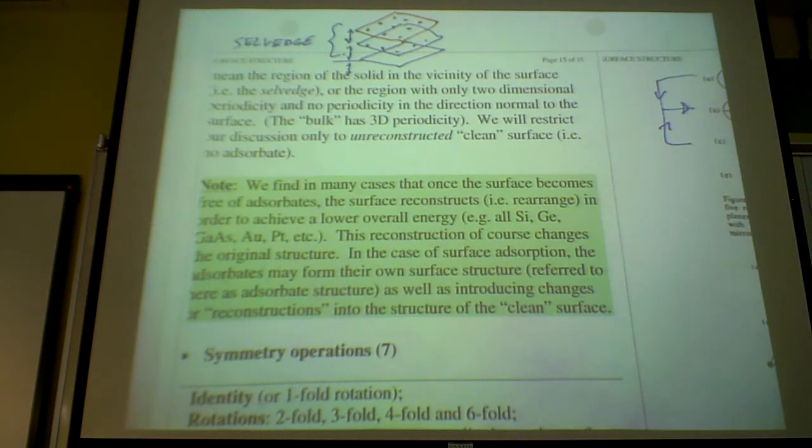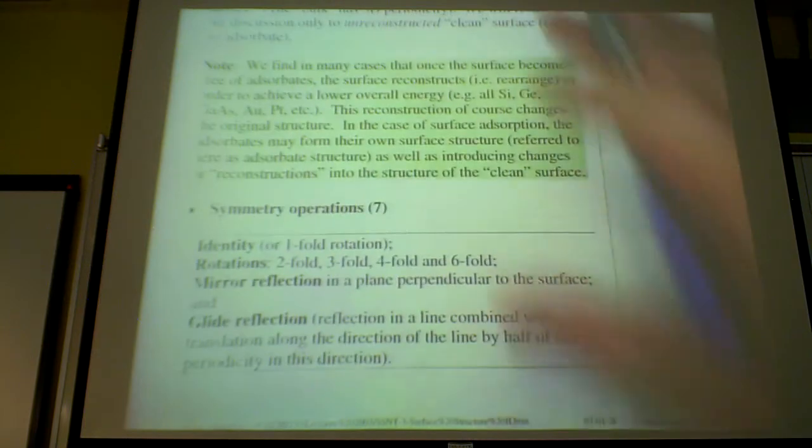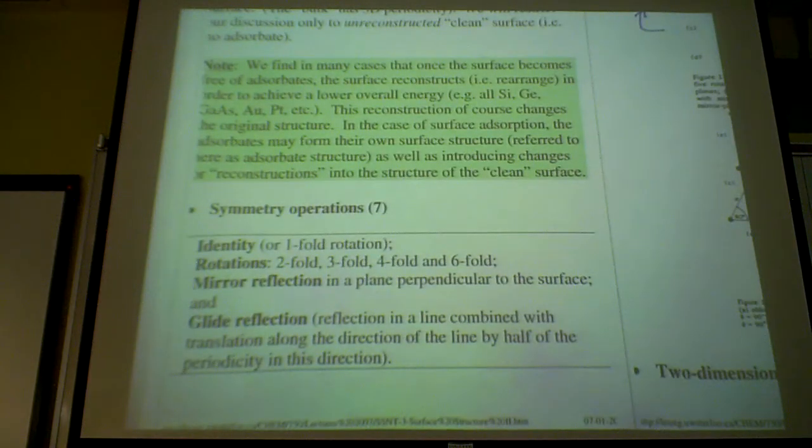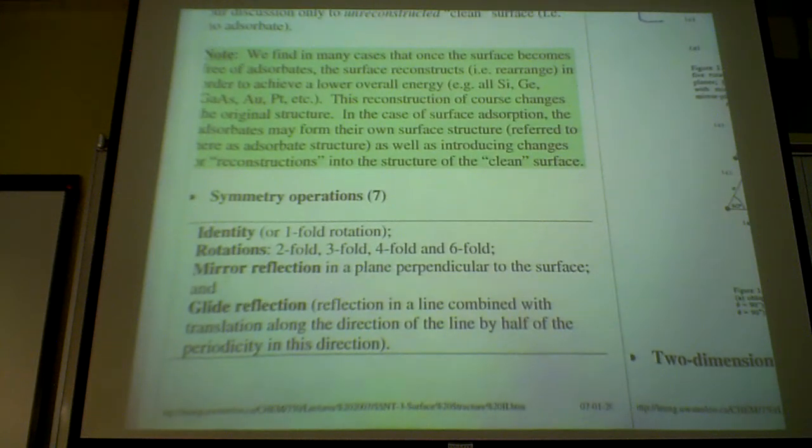Okay, so that's a preliminary thing. Very quickly, we'd like to talk a little bit about symmetry operations. Just like before, my discussion is very parallel to the bulk discussion. We have 7 symmetry operations. We have no operation, just one-fold rotation, rotating by 360 degrees, or the identity operation.